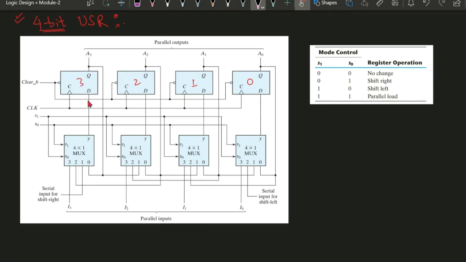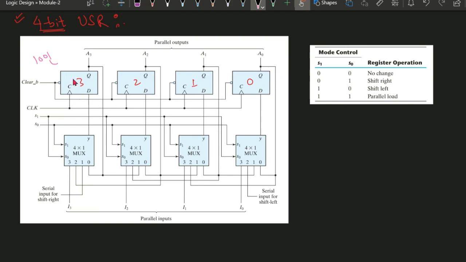We will provide the input serially, meaning 1 bit at a time. Suppose the 4-bit input 1, 0, 0, 1 is there. We provide this 1 here, and in 1 clock cycle, the same 1 is transferred to the flip-flop 2. Then for the next clock, it transfers to the next one, that is flip-flop 1, and then from flip-flop 1 to flip-flop 0, and then it is output. That is how the serial input works.